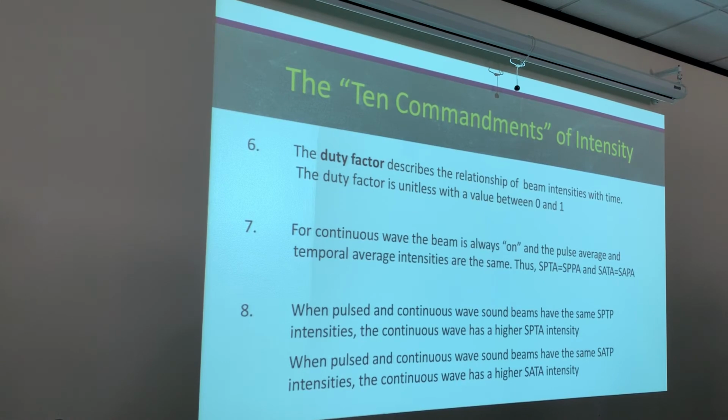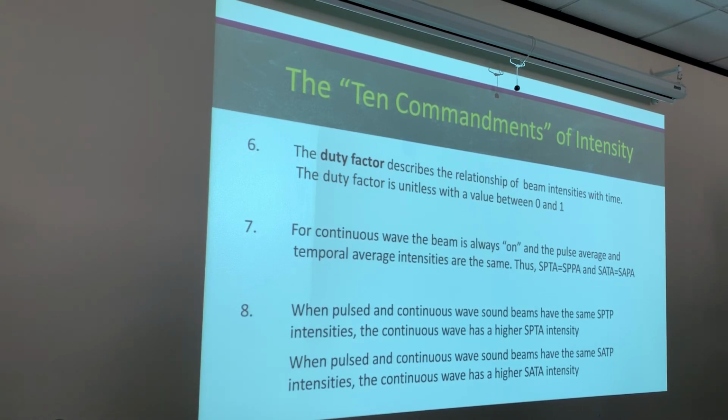And just the opposite. When pulse and continuous wave sound beams have the same spatial average, temporal peak intensities, the continuous wave has a higher spatial average temporal average. Just remember, continuous wave is always going to have the higher intensity across that beam because it doesn't have an off time.